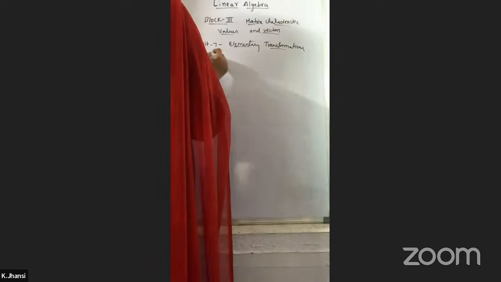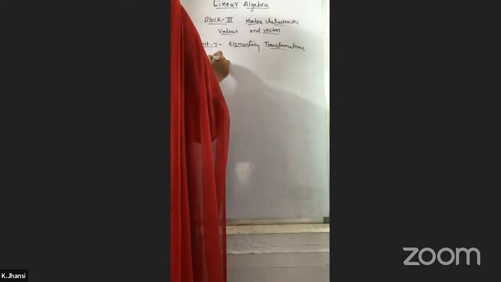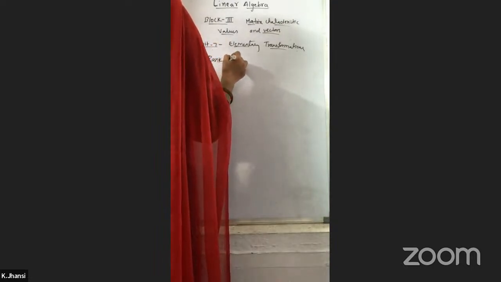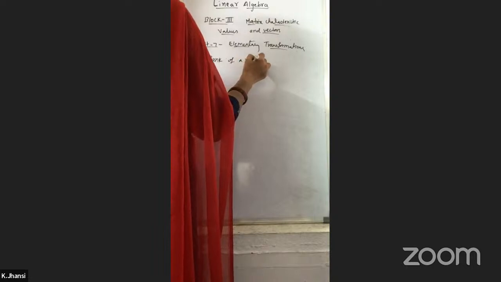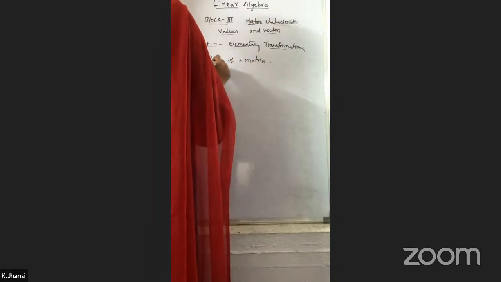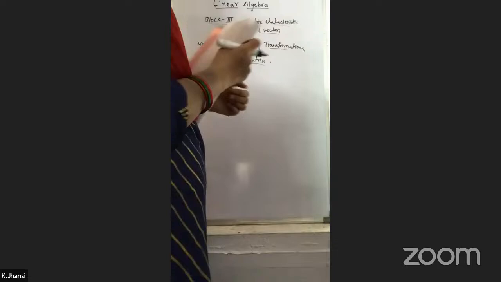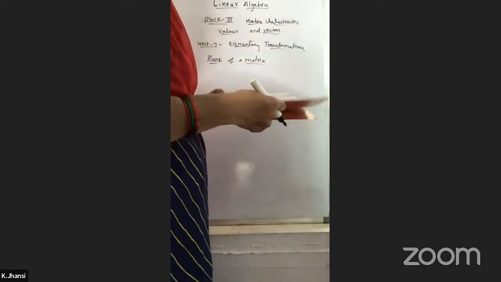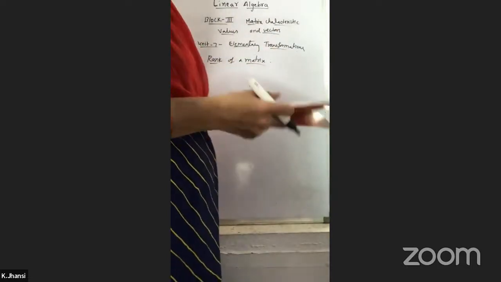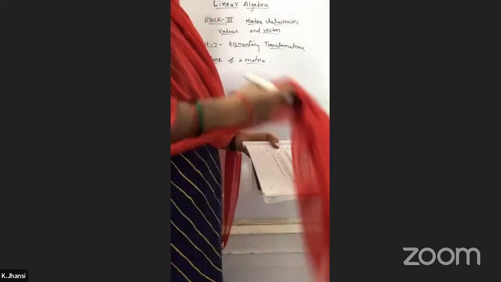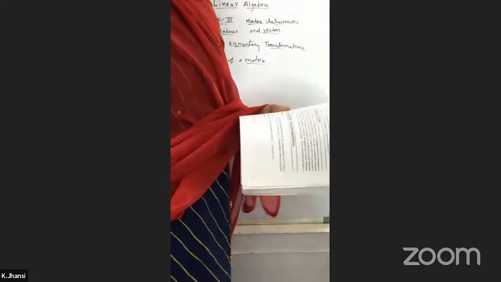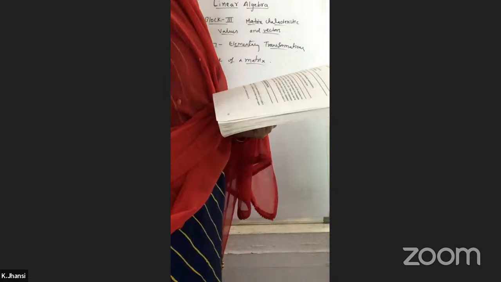The first concept here is about rank: how to find the rank of a matrix. Starting in the unit, you have how to do the elementary transformations, with the definition given on page number 73.